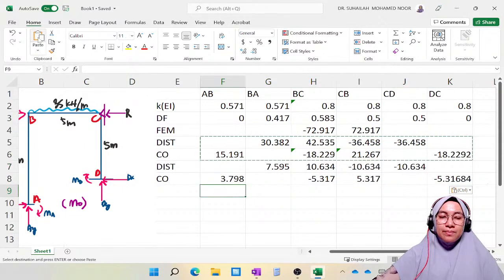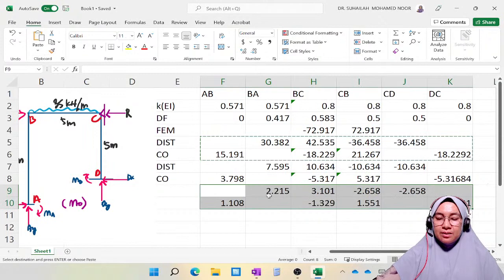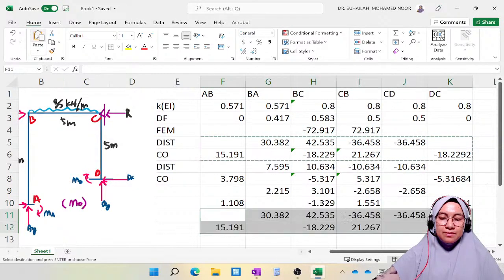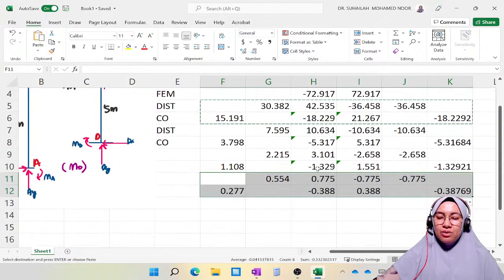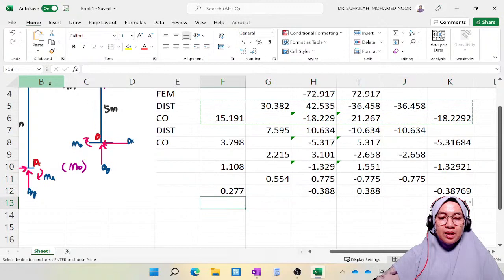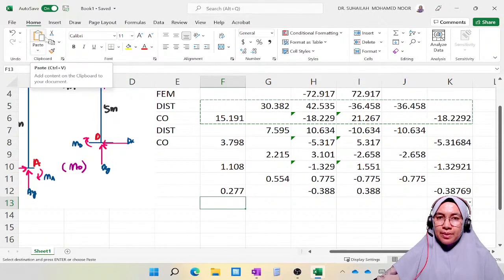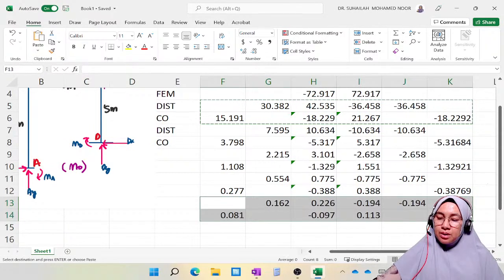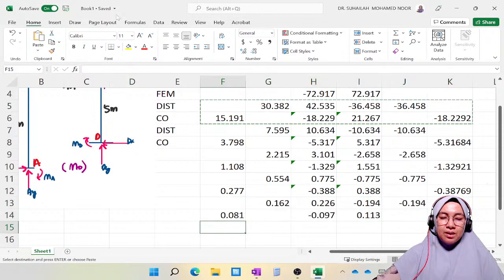Third cycle, fourth cycle. I will continue to copy and paste until I can see that the moment values in the table reach 0.0.